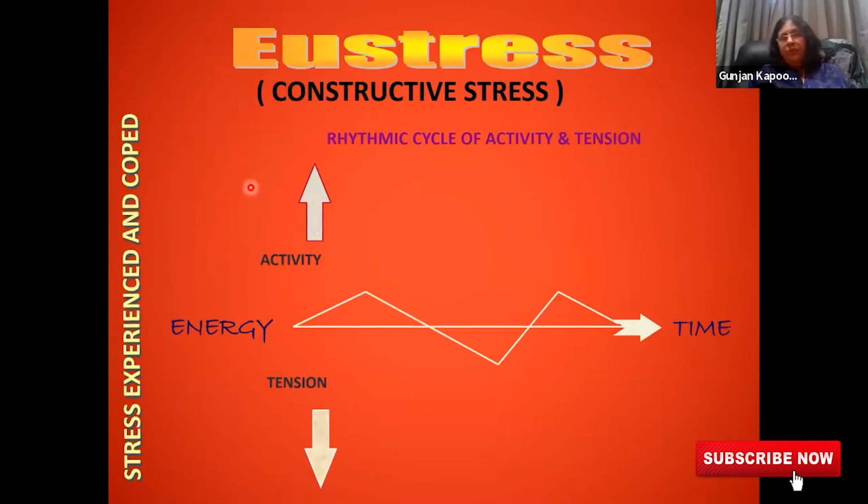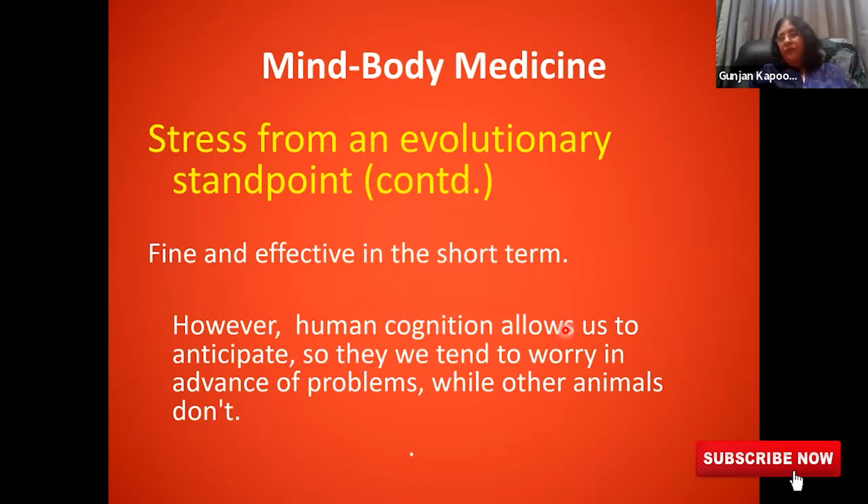Now, this is supposed to be a very protective phenomenon, provided that it is happening for a short while and later on you are in your relaxed state of mind. However, over time, we have shifted from that cave into a safe environment. Our physical threats have gone away, but as human beings we have the power of cognition.